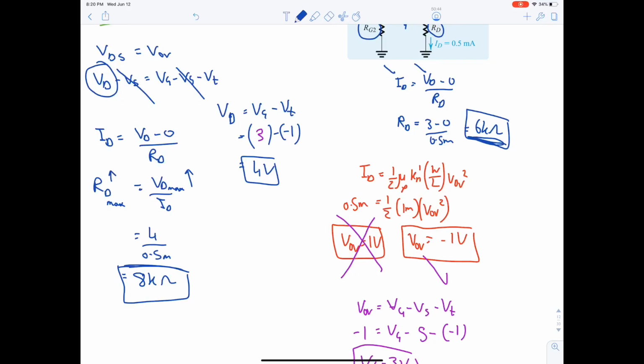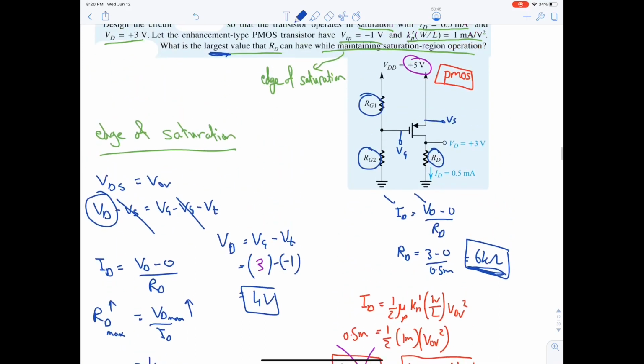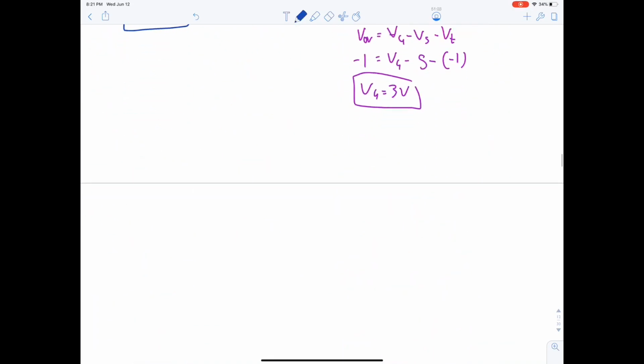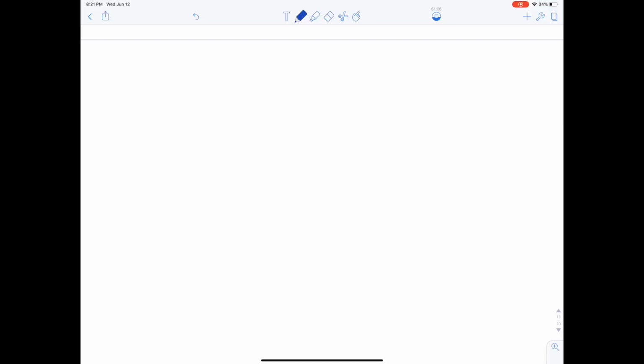Okay? Now, we need to find RG1 and RG2. How can we find it? Now, we know that IG here is equal to 0, right? So this part of the circuit is independent from this part of the circuit. No relationship in terms of current. So we can split them apart. So here, 5 volt, RG1 is 2 mega ohm.